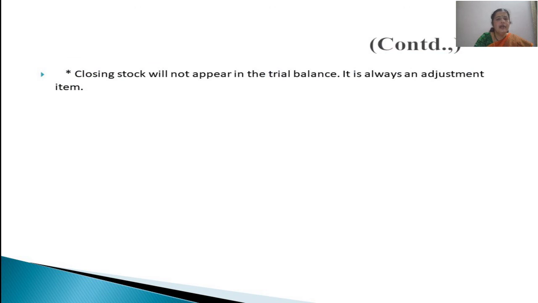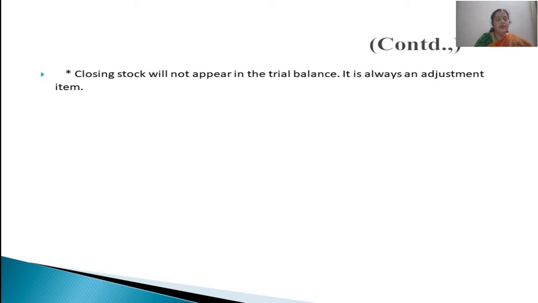Then the last item is closing stock. See, closing stock is never written in the trial balance. It is always in the adjustments, which you can see in the problems.